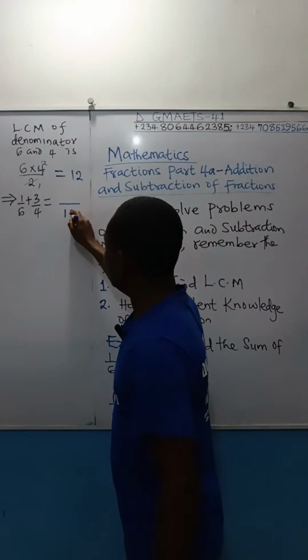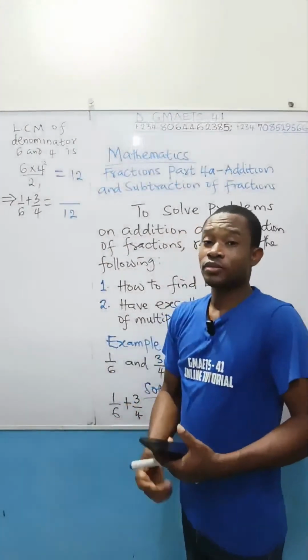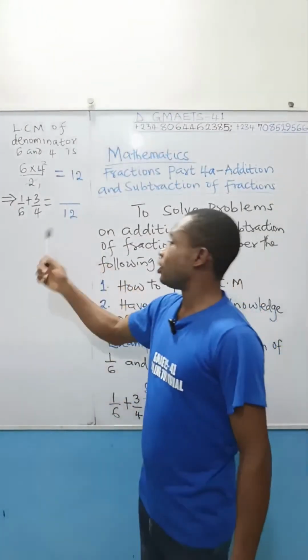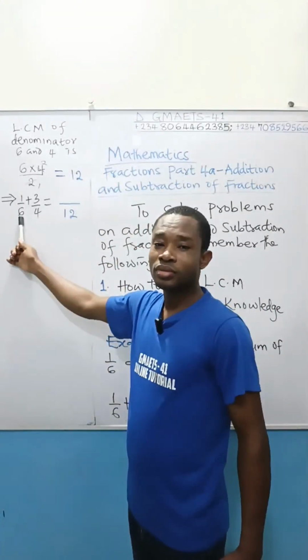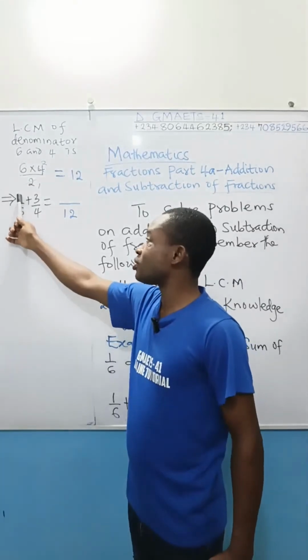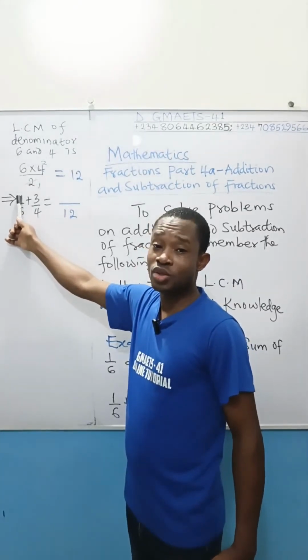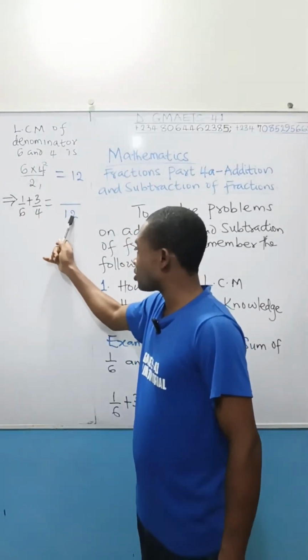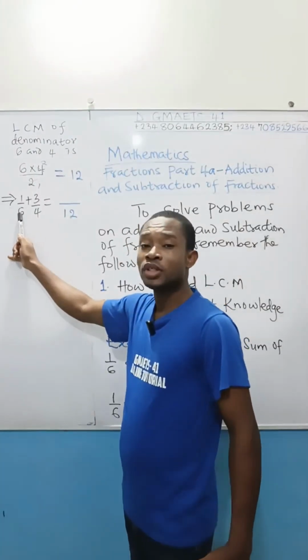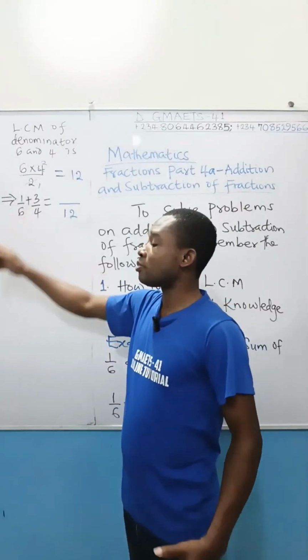That LCM, which is 12, write it as denominator. Then move on. 12 divided by 6 will give you 2. Use the 2 to multiply this one, you still get 2. So come to this fraction, use the LCM. The LCM divide by the denominator. Whatever it gives to you, use it to multiply the numerator.